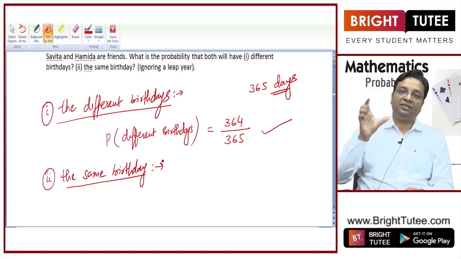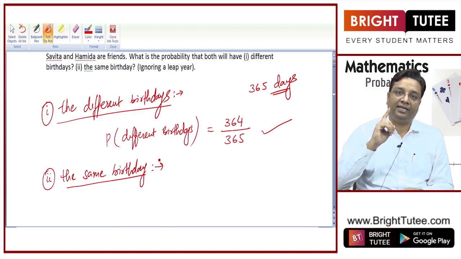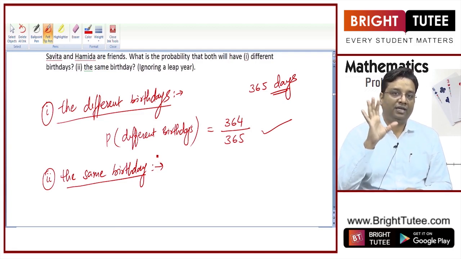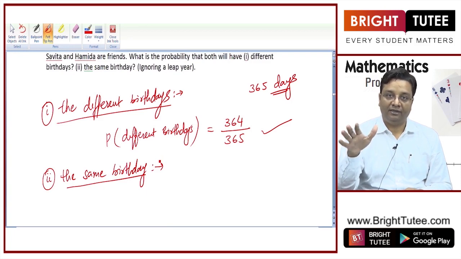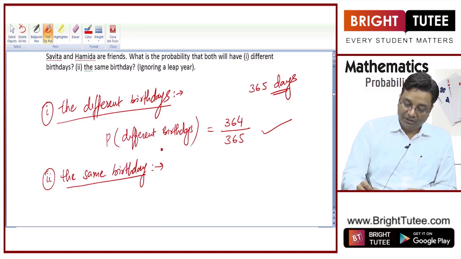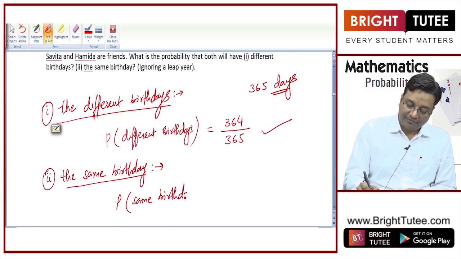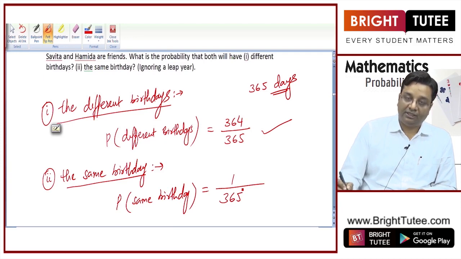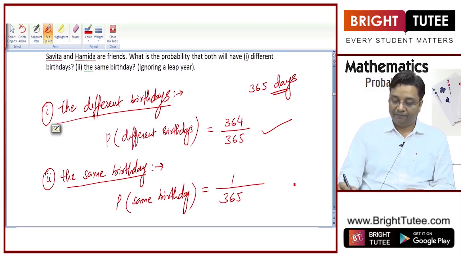So, out of these 365 days, there can be one day on which both will have their birthday, to have the same birthday, right? So, there is only one favorable outcome here. So, the probability of having the same birthday is 1 by total outcomes 365.